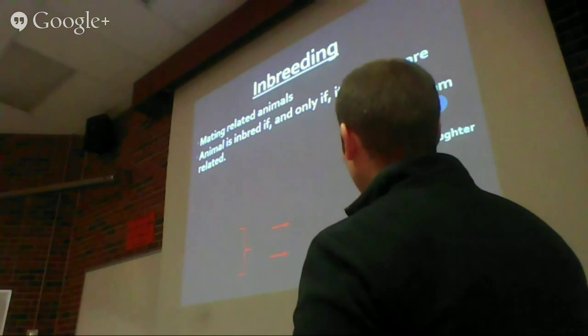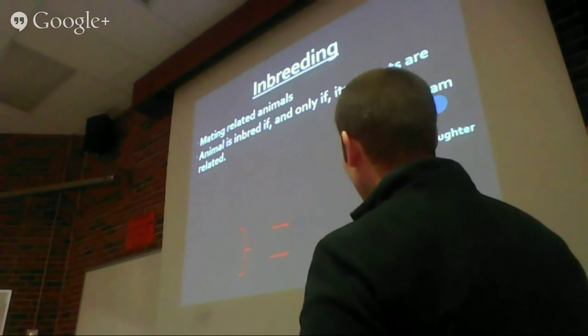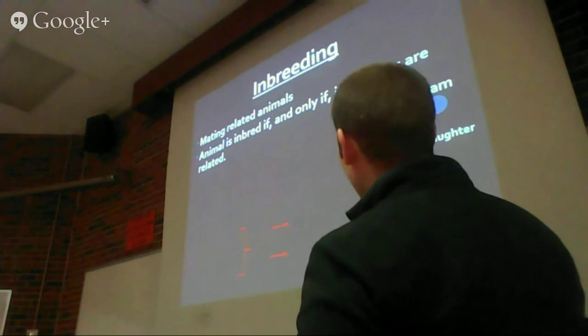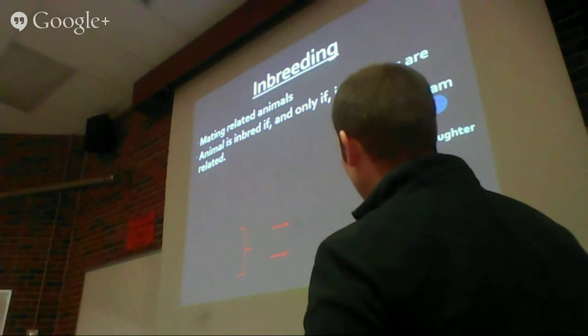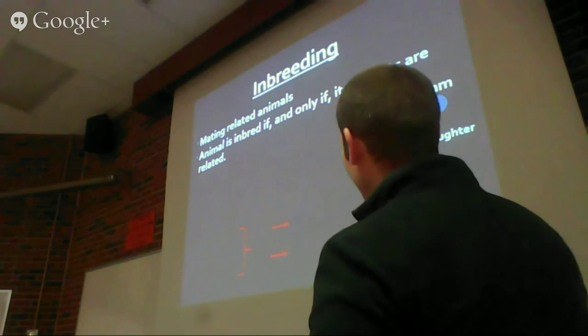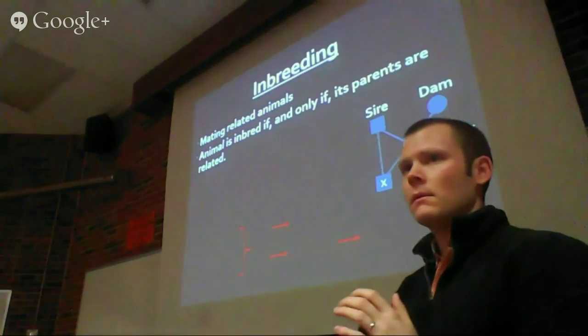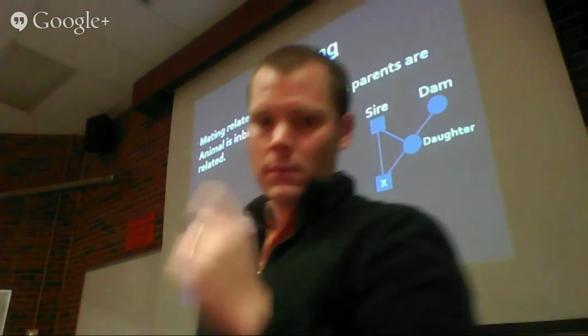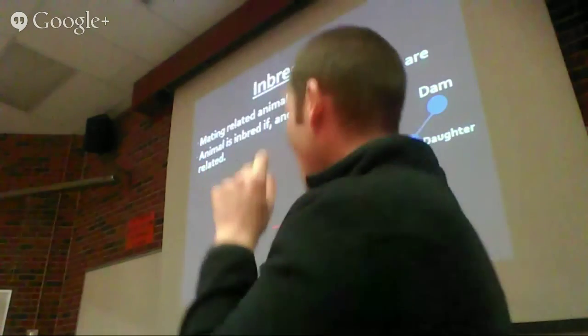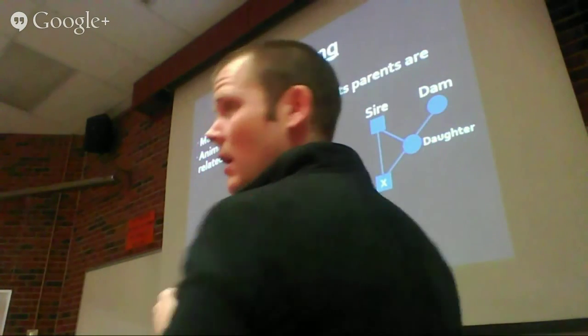So following that rule, if we look at individual X, the parents of X are this sire and this daughter. Those two are related. So individual X is inbred, right? Is this daughter inbred?